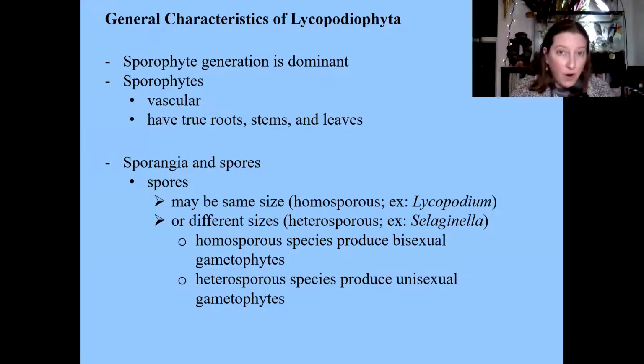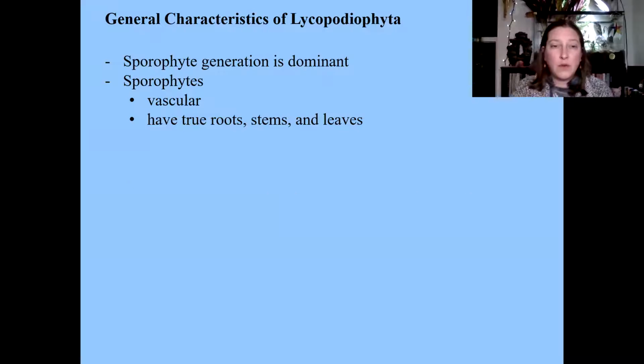So far in the class, when we've talked about a spore, it's just been one type of spore. In the true mosses, peat mosses, liverworts, hornworts, we just say a spore.